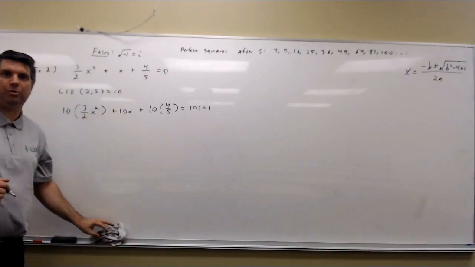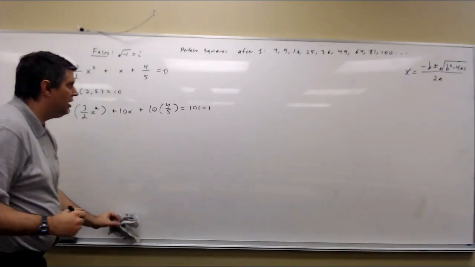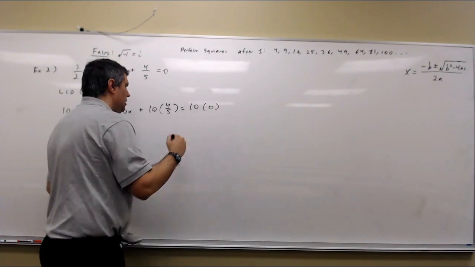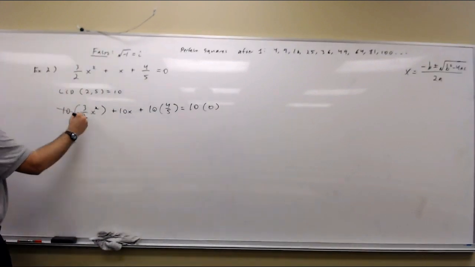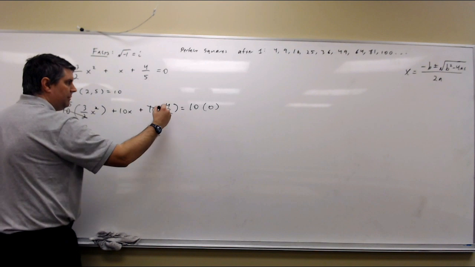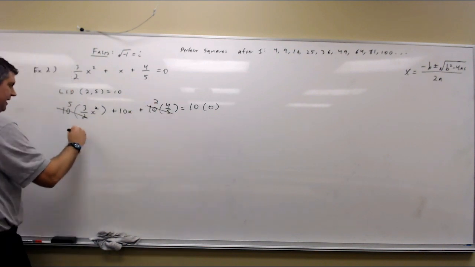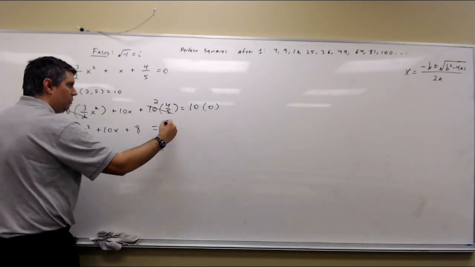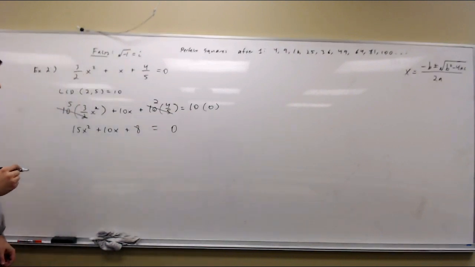Not that multiplication by 10 changes anything on the right side, which is 0. So that's going to leave me 5, that's going to leave me 2. So I have 15x squared plus 10x plus 8 equals 0.